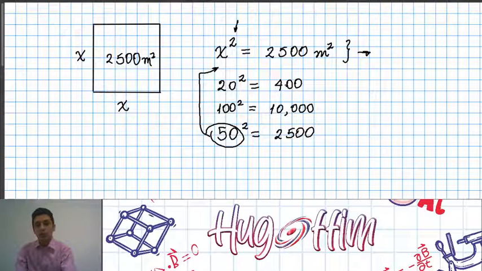So the notation is using this symbol that we call the radical symbol, and we're going to put inside it the number that in this case will be the radicand to have our root.